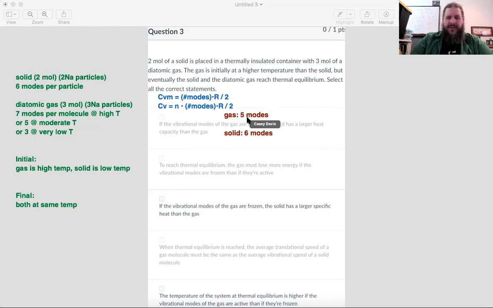Which means in order to compare these, if we want to know which one has a larger heat capacity, we should compare number of moles times number of modes times R over 2. But again, let's look at what's actually different. What in this equation is not changing if we compare gas versus solid?